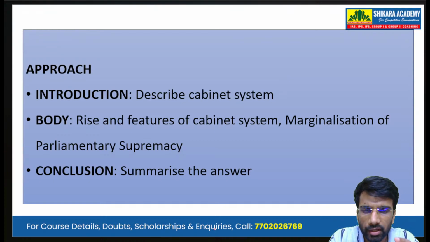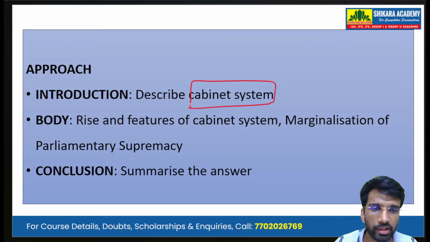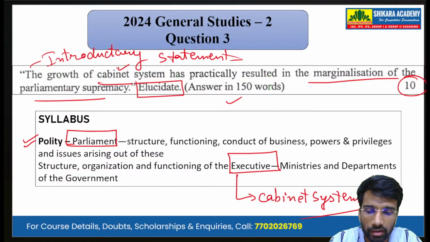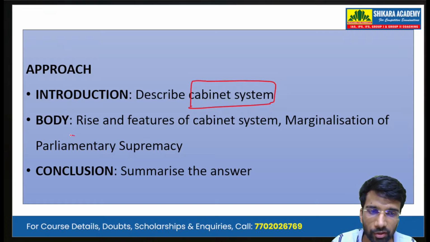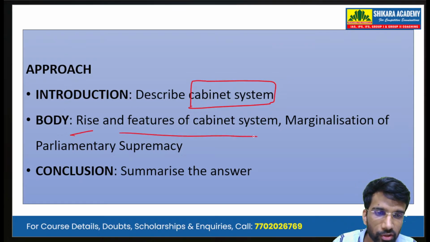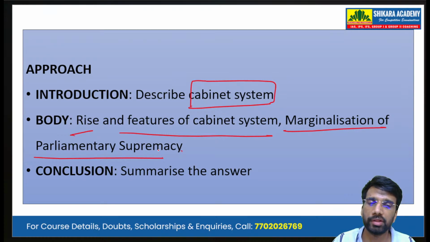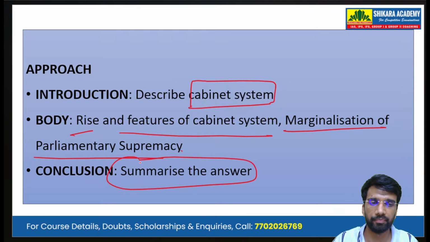Thinking for 1 minute, the approach we should take in writing the answer: in the introduction, we describe the cabinet system, because the question is inevitably asking about it. Then in the body, we write the rise and the features of the cabinet system, and also the marginalization of the parliamentary supremacy. And in conclusion, we summarize the answer.